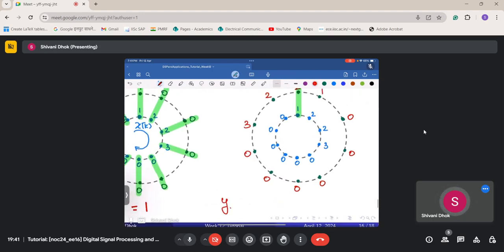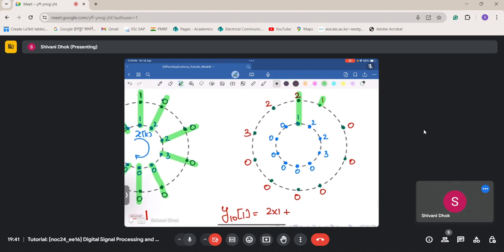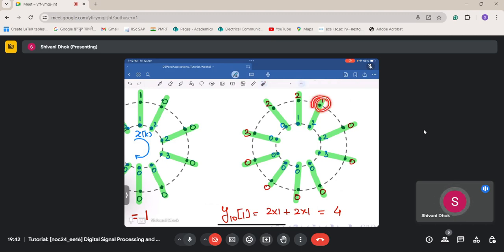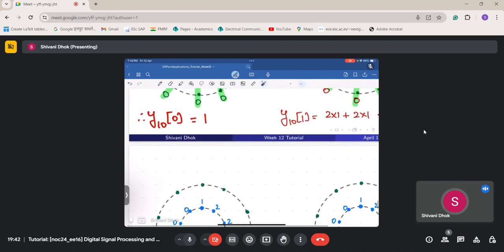So this is y10 of 1, so this will be 2 into 1 plus 2 into 1 multiplied by 0 plus 0 0 0 0 0 0 0 and 0, so this comes out to be equal to 4. Now I am at this location, this is my new origin.